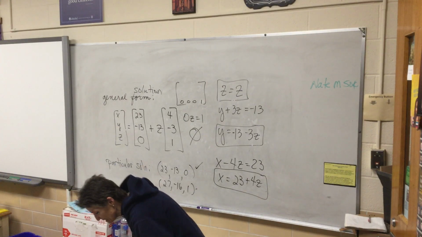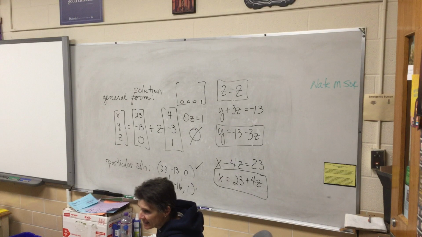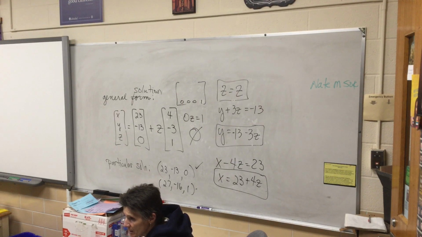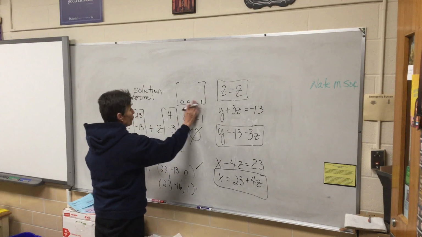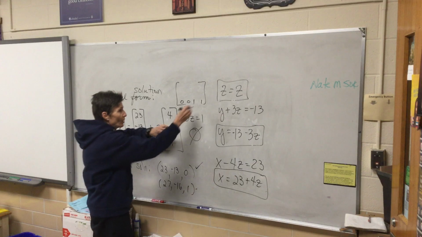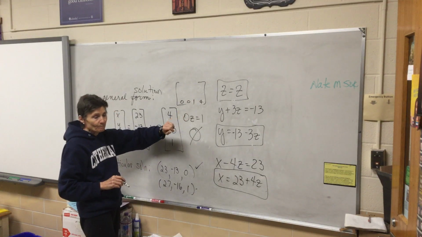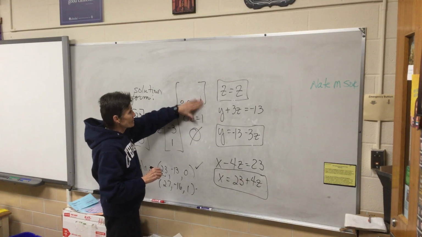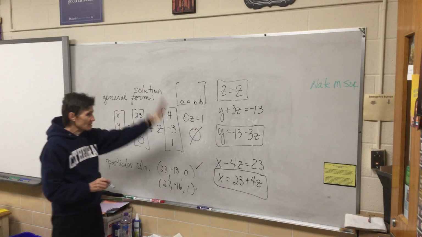Because 0z's cannot equal anything but 0. So the best thing that can happen on the bottom row, you get this. That tells you z equals 1, or you get a number there, z equals 4. If it's all zeros, then you're going to have this mess right here.